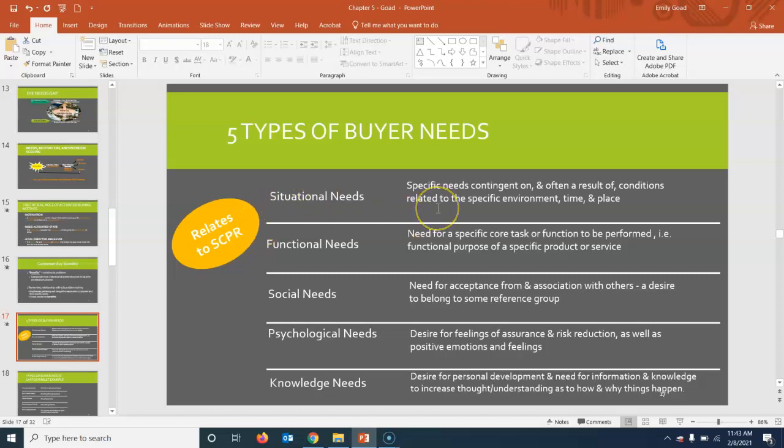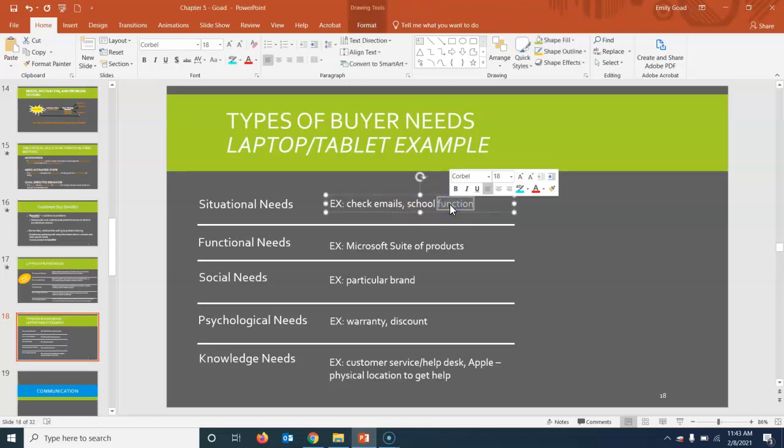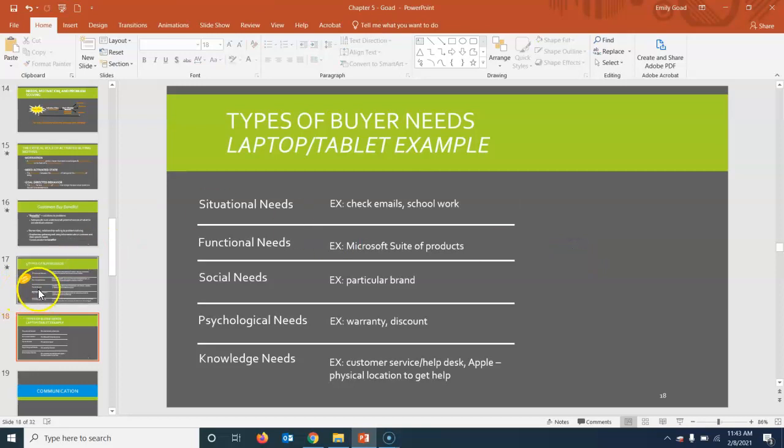So I'm going to let you go through these different types of needs, and then on the next page, this shouldn't say school function. The next page has examples that we did in class.